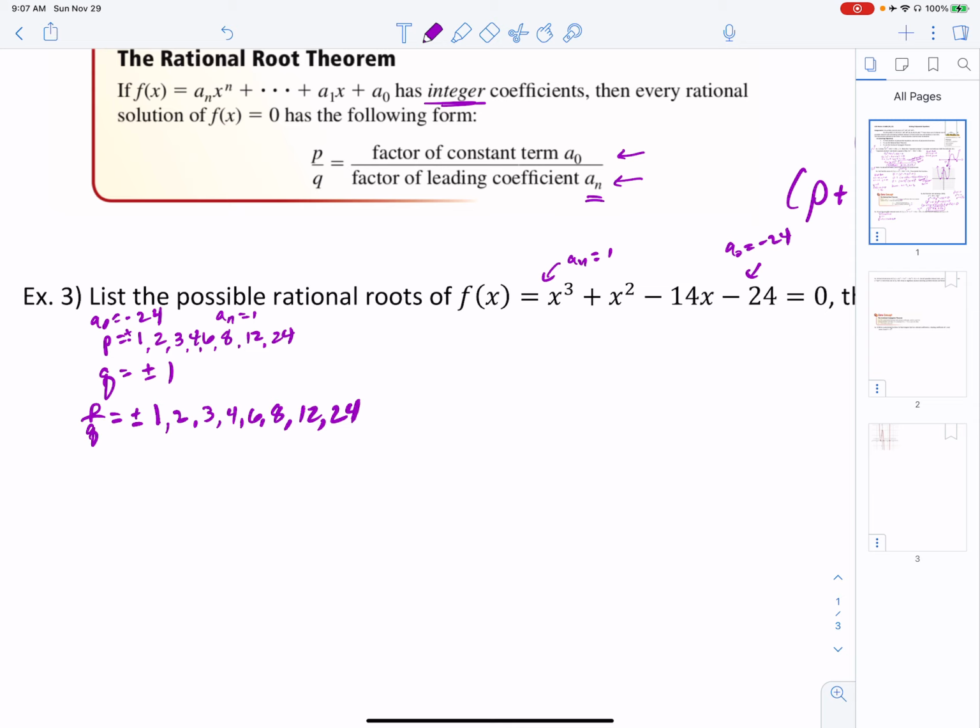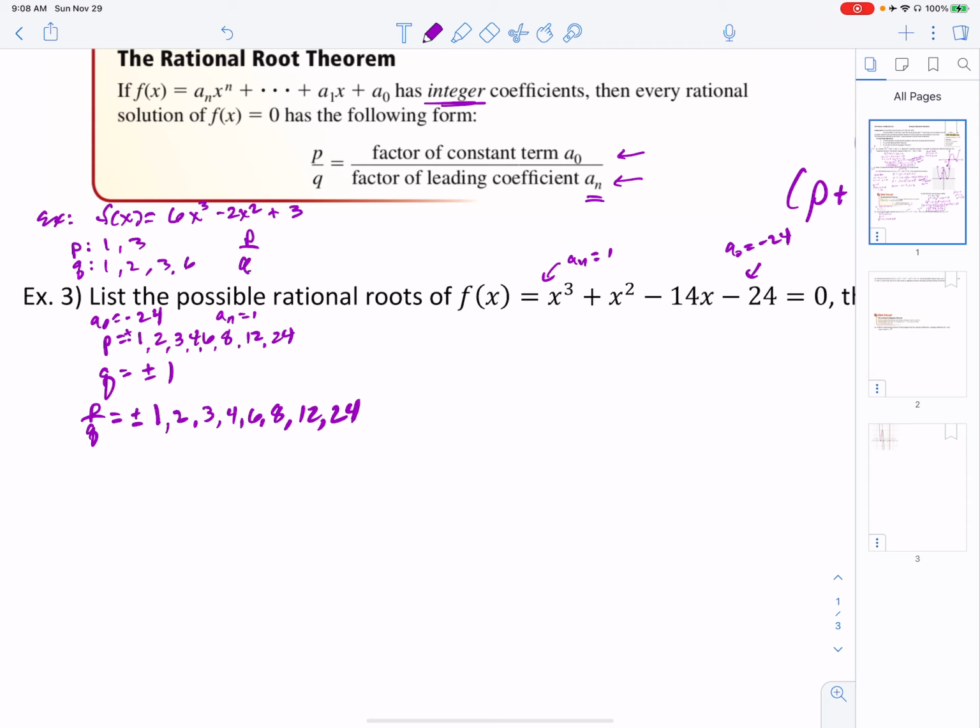So just for a quick example, say that we had f of x is 6x cubed minus 2x squared plus, we'll say just 3. Then for p, factors of 3 are 1 and 3. And for q, factors of 6 are 1 and 6 and 2 and 3.